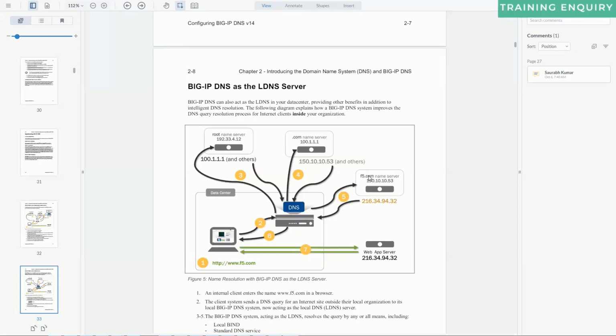The main purpose of BIG-IP DNS is to be an authoritative name server, because the authoritative server provides services for internet users in most cases, not for internal users. But for internal users, if you are leveraging your BIG-IP DNS as a DNS server, then it will be called an LDNS, local DNS. Ideally, we don't use that in production environments.